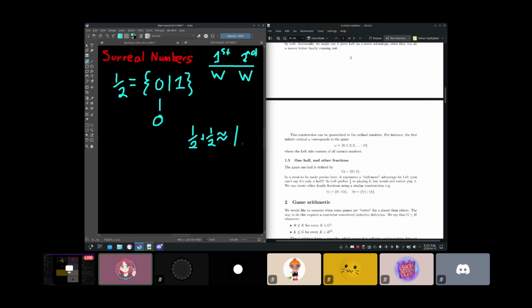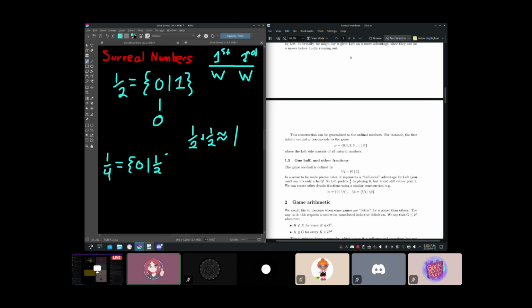And we can, in fact, make other fractions. Again, I'm not going to go into the details just yet, but the idea is that they satisfy similar equations where, if you add them to themselves, you get the other fractions. So, for instance, 1/4 is going to be this game, where left can move to 0 and right can move to 1/2.